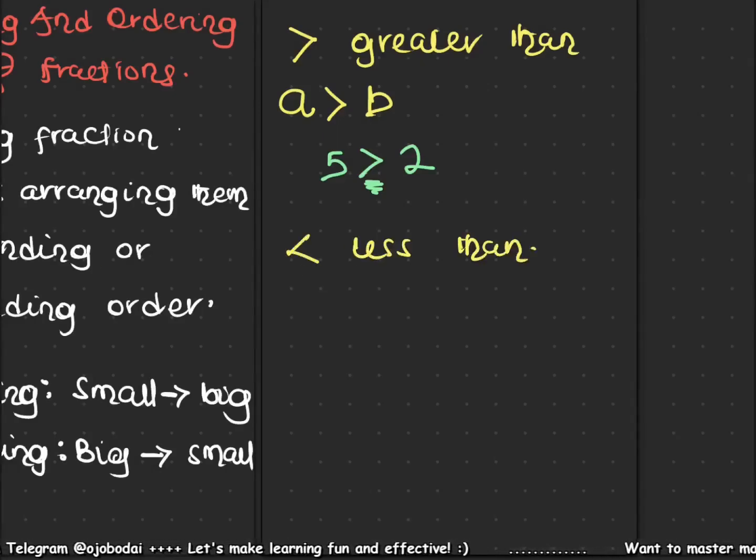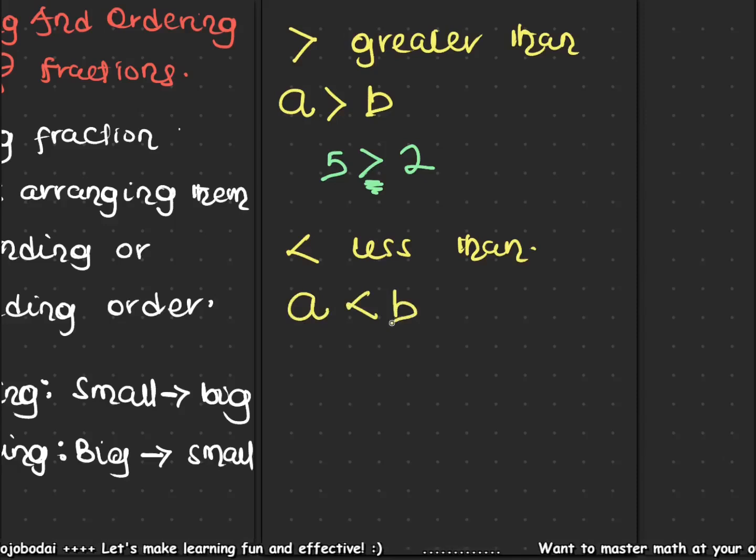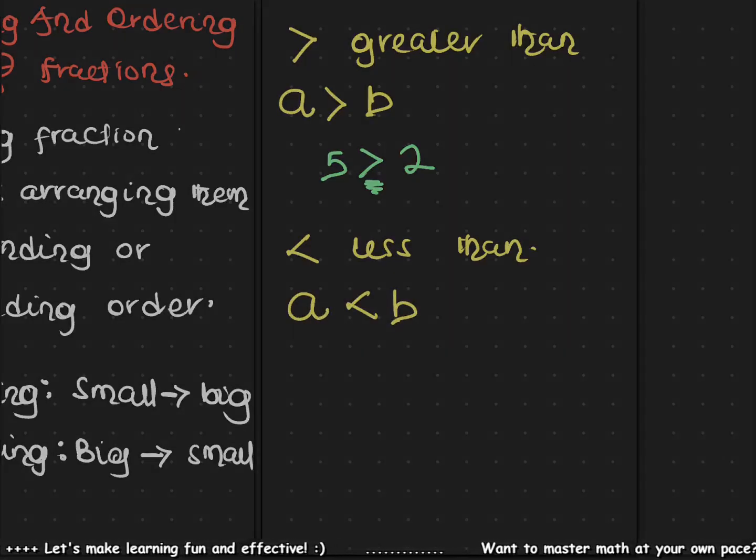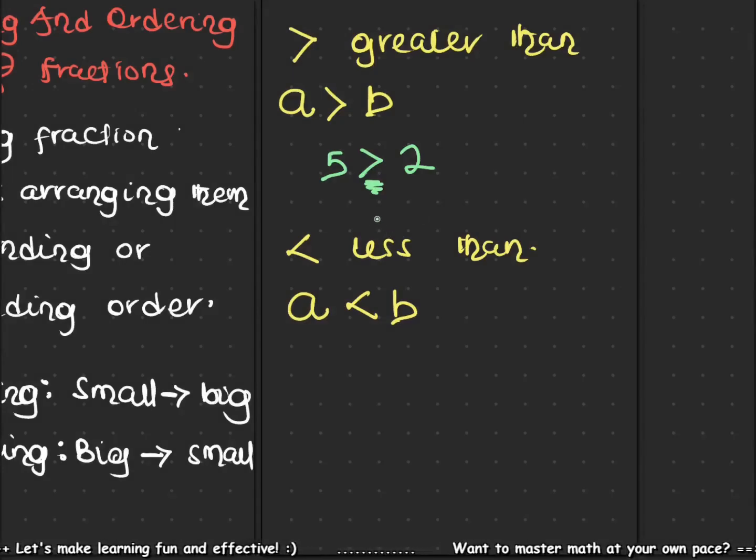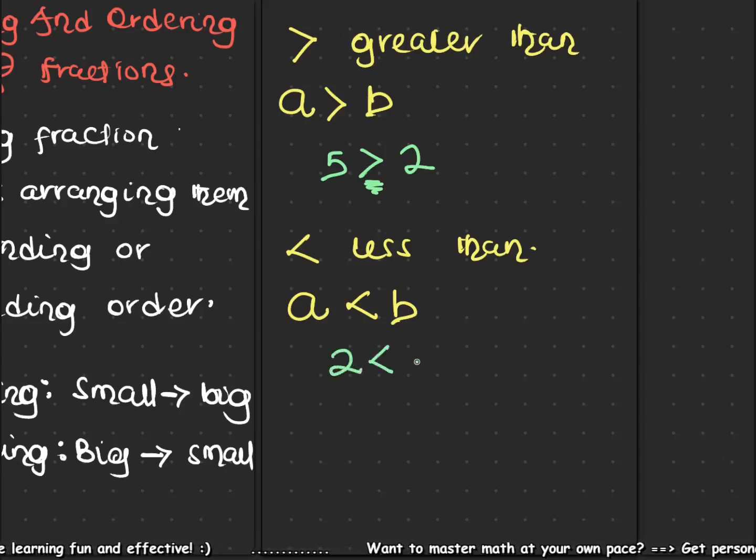It is the opposite of greater than. If I say A is less than B, then the value of A is smaller as compared to the value of B, as in the example of 2 being less than 5. So these are the symbols we'll be looking at when we want to order fractions.